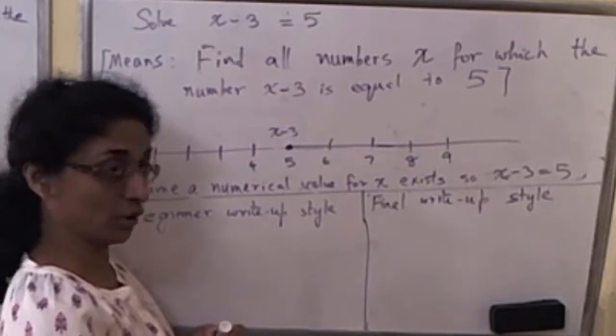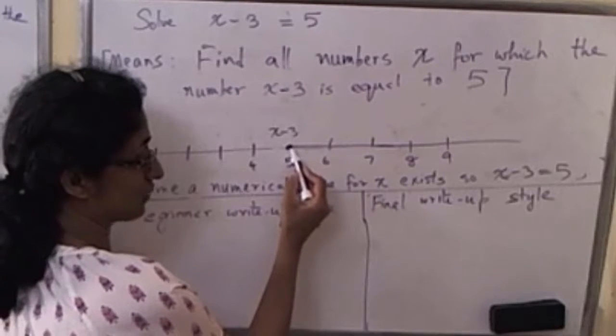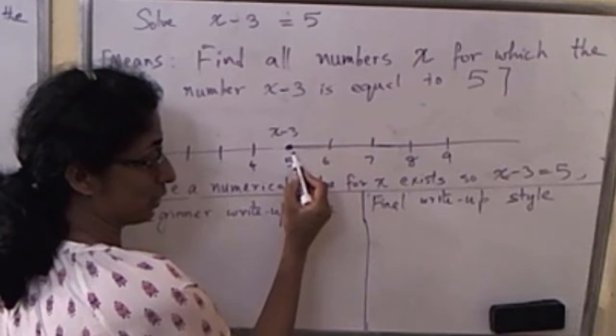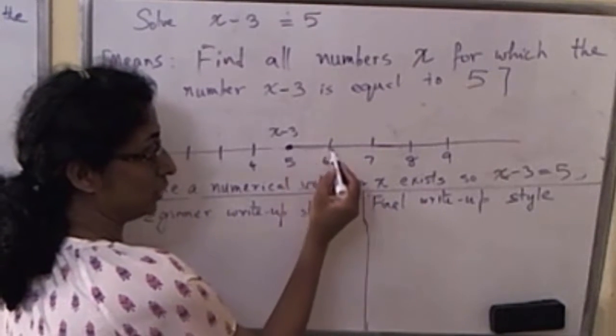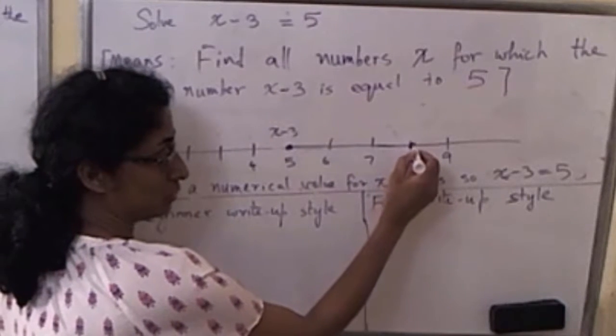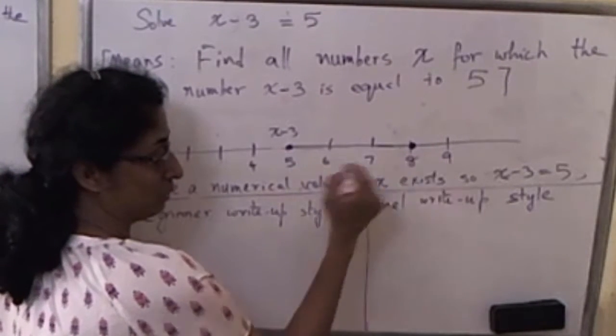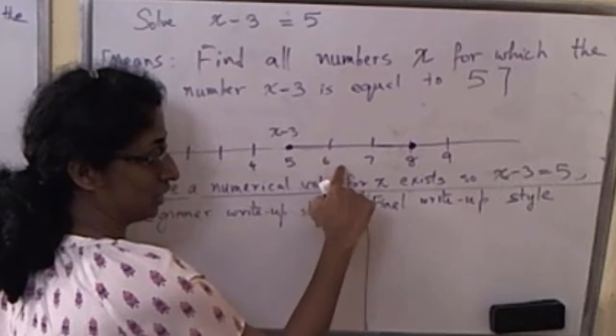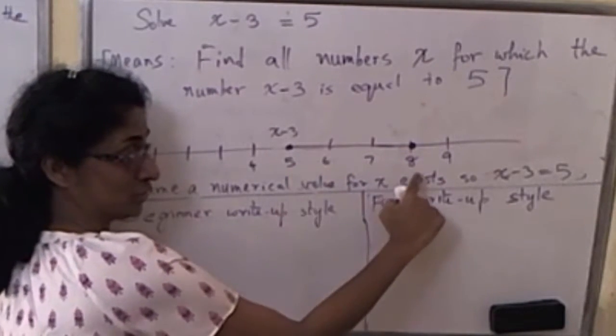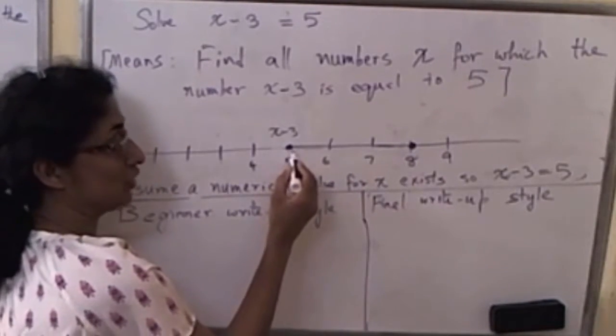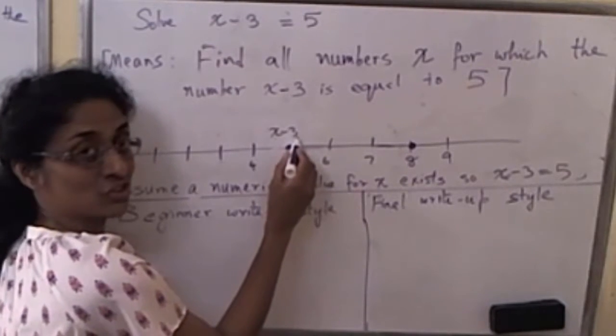I proceed as follows. I look at a point that is 3 units to the right of this point. What is its name? Well, if this point is 5, 3 units to the right of it would be 5 plus 3 or 8.